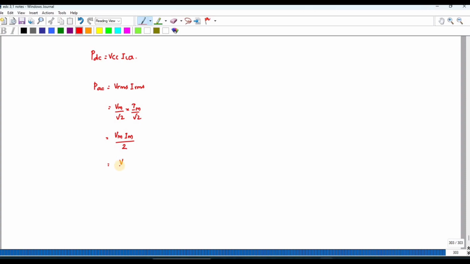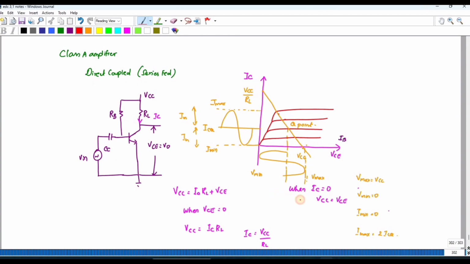Suppose this is Vm, then this is 2 Vm, and similarly this is 2 Im.